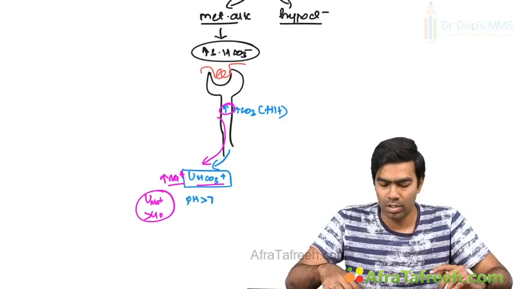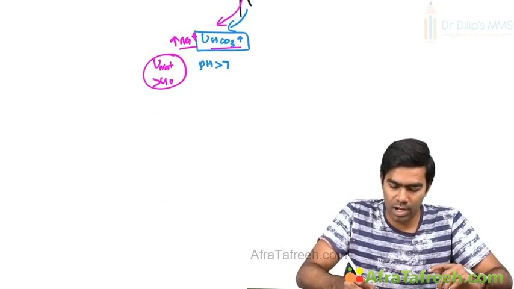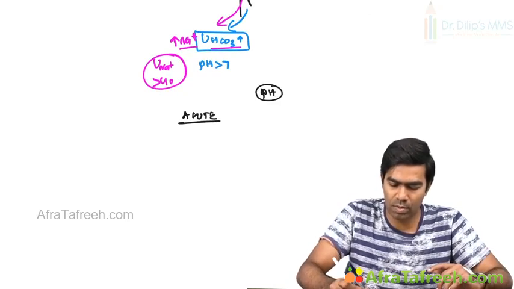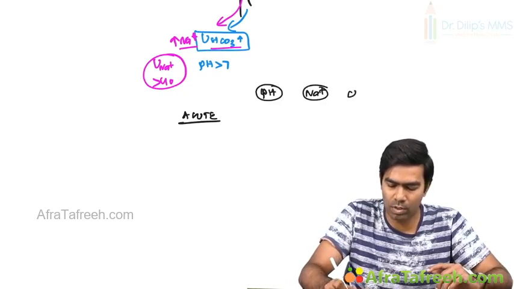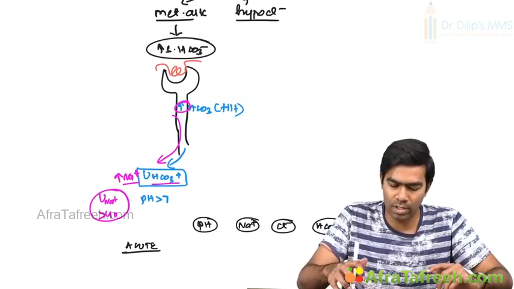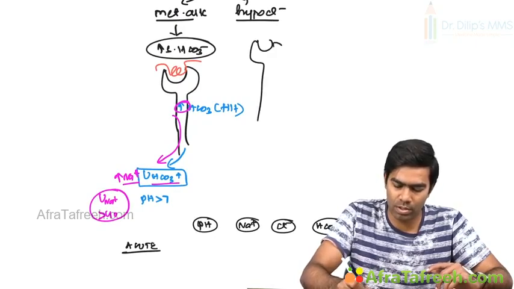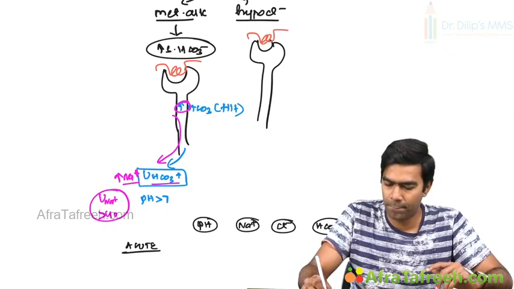Clear? So whenever you have acute vomiting, I can write what will be the pH of the urine, what will be the sodium in the urine, what will be the chloride in the urine, and what will be the bicarbonate in the urine. Chloride is obviously going to be reduced, because serum chloride is very low.